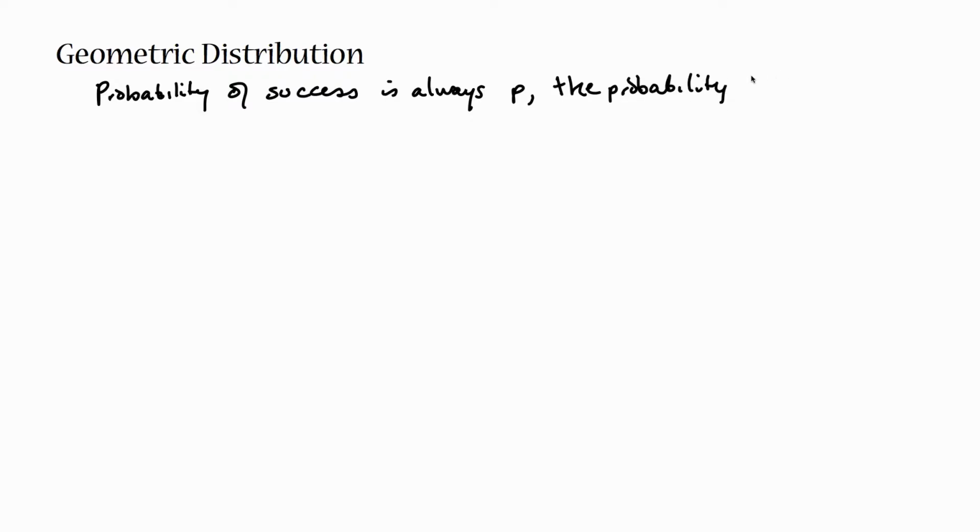So given that the probability of success on any given trial is always p, the geometric distribution gives the probability that the first success happens on the kth trial.